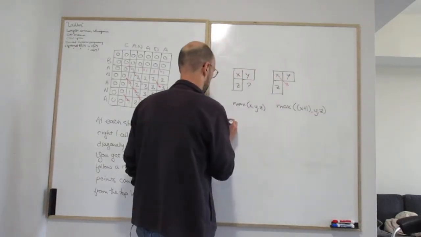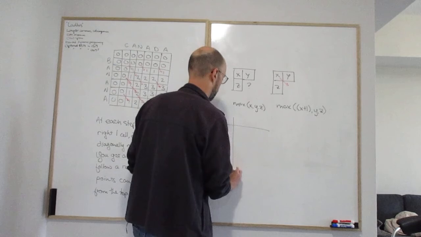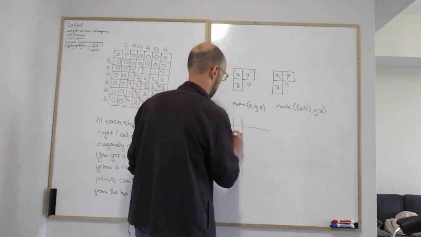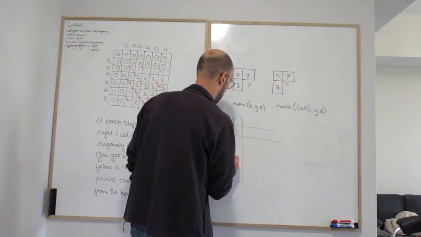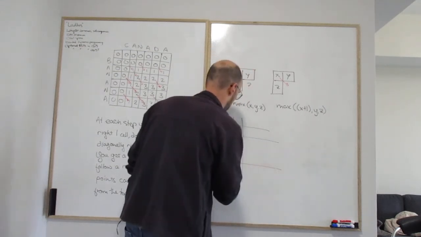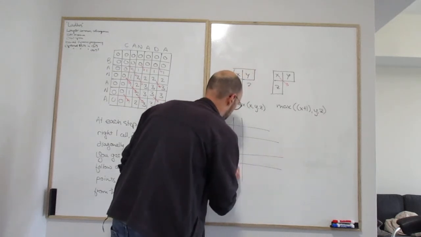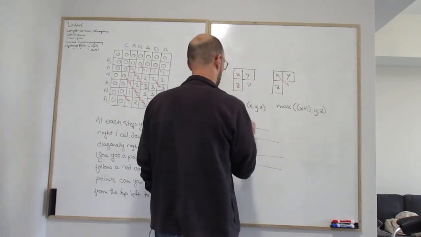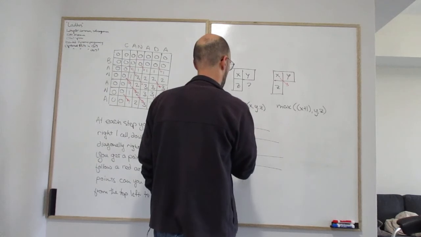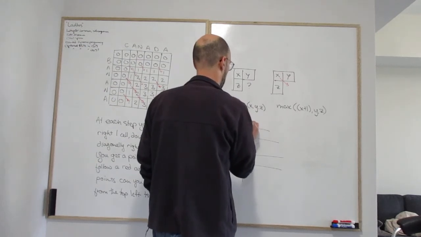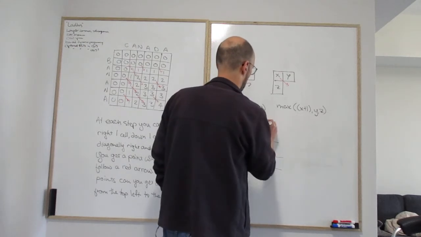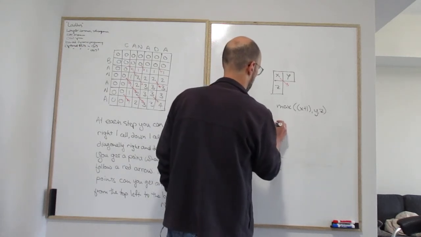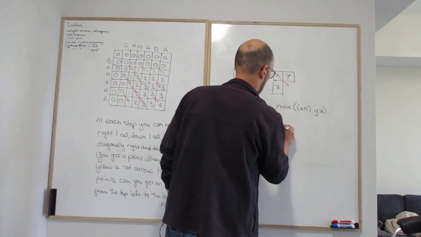Okay, so let's go to, so we have x1, xi minus 1, xi, y1, yj minus 1, yj.